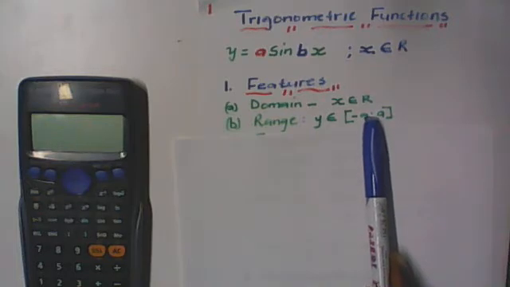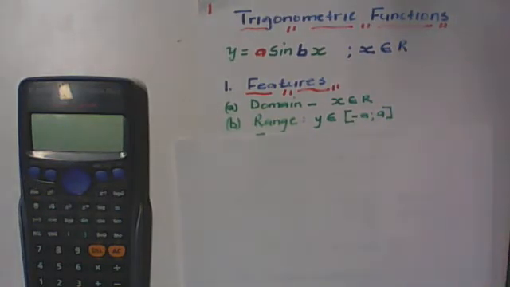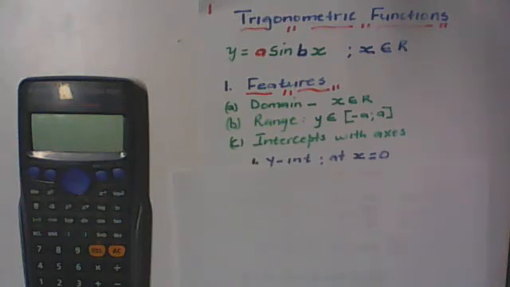So guys, now we move to the next: the intercepts with the axis. That means the intercept with the y-axis as well as the x-axis. Let us start first with the y-intercept.